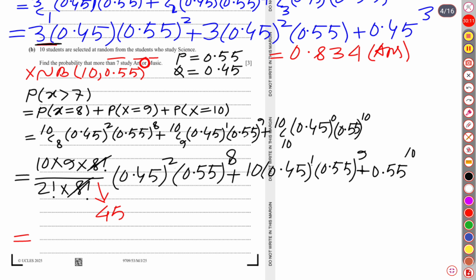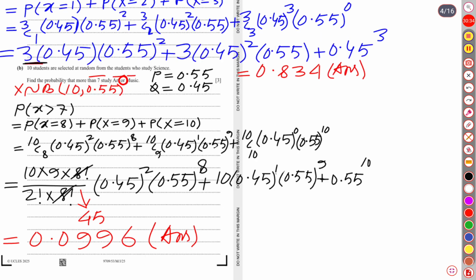Our answer is going to be finally 0.0996 after rounding it up to three significant figures. So that is the answer to the second part of this question.